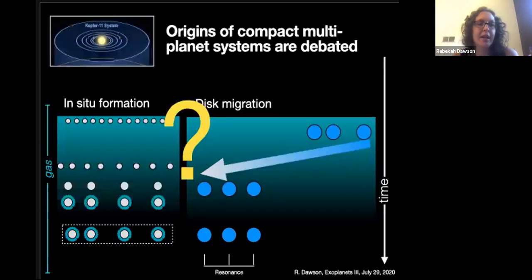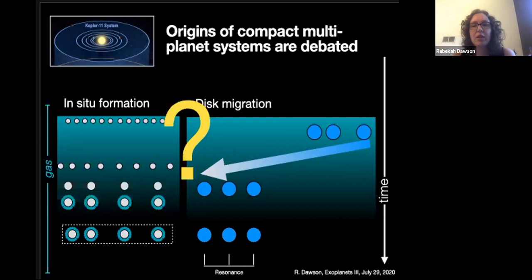It's possible that they arose through disk migration, which is more expected, or that they're an uncommon but perhaps consistent-with-the-observed-rate outcome of in situ formation. And it's possible that both of these can lead to that overall wide distribution of orbital period ratios where most systems aren't in resonance.